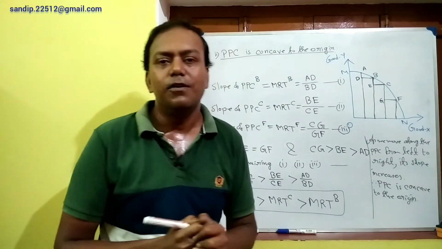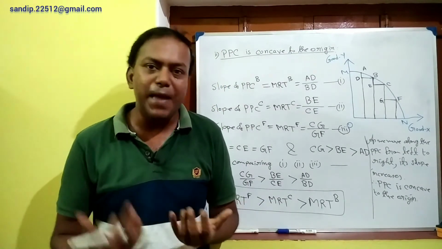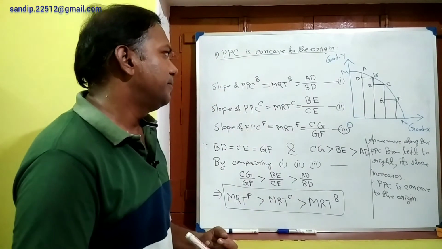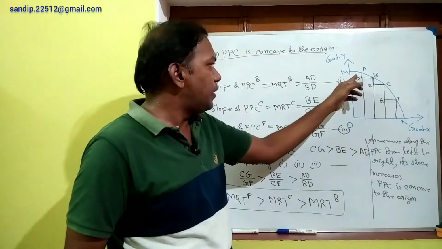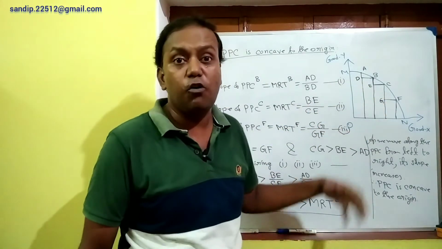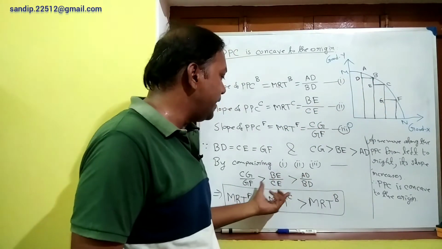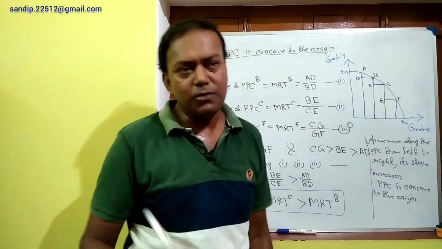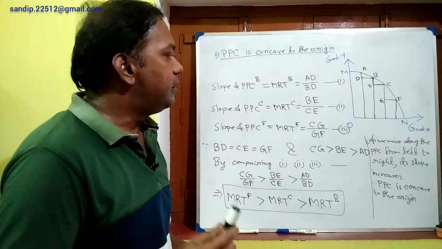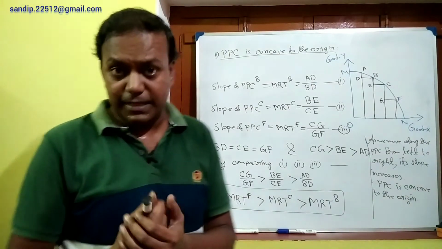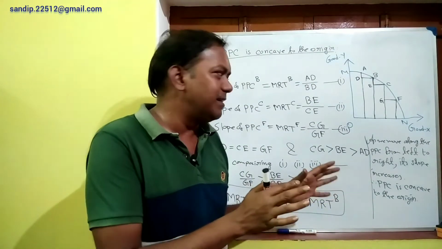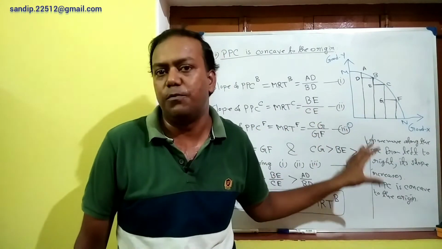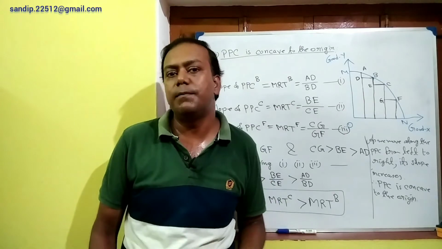Now one question may arise: why, when the amount of sacrifice is increasing, or when the slope increases, is it concave? There is one mathematical concept for that, but it is apart from this topic.